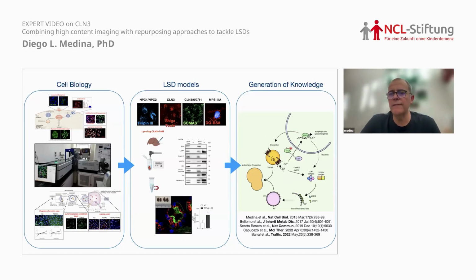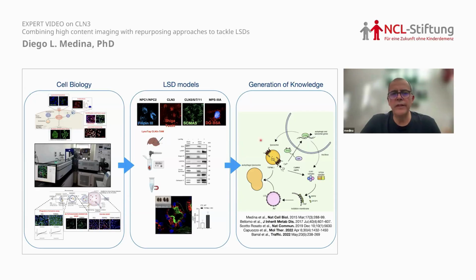For instance, we identified the pathway of the transcription factor TFEB, which is a master regulator of lysosomal and autophagic function, and we demonstrated that its overexpression or activation can promote an amelioration of several of these diseases, such as mucopolysaccharidosis type 3A and Batten disease.